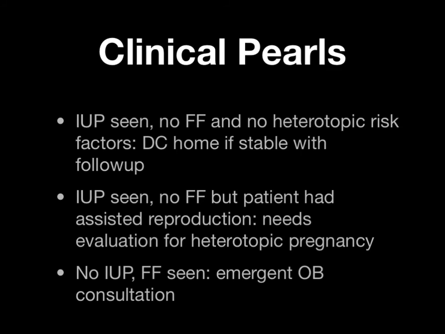What if you see an intrauterine pregnancy, no free fluid, but this is a patient from the assisted reproduction clinic? These patients have a significantly increased chance of having a heterotopic pregnancy, so these patients need comprehensive sonographic evaluation for heterotopic pregnancy and close follow-up.